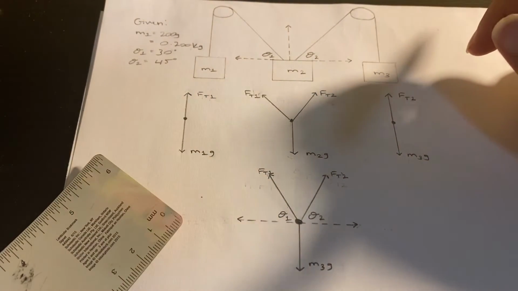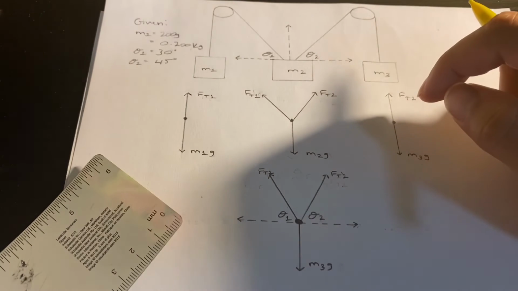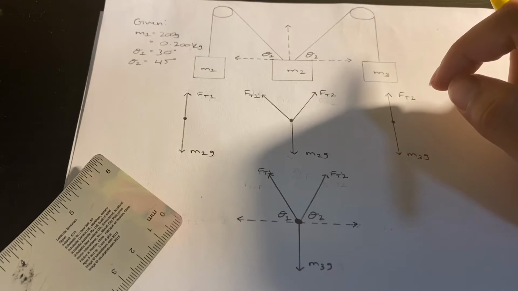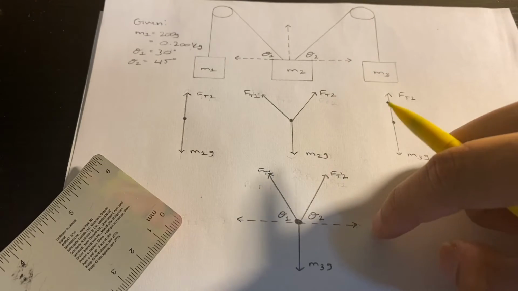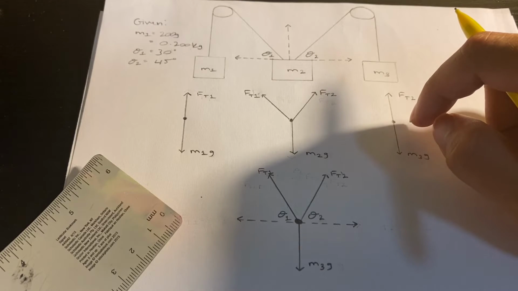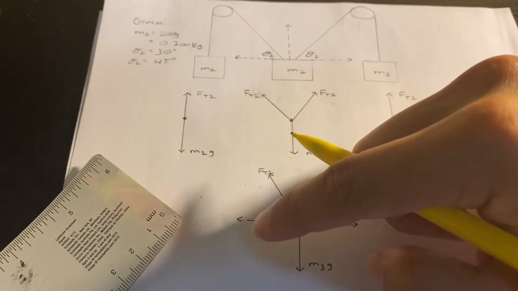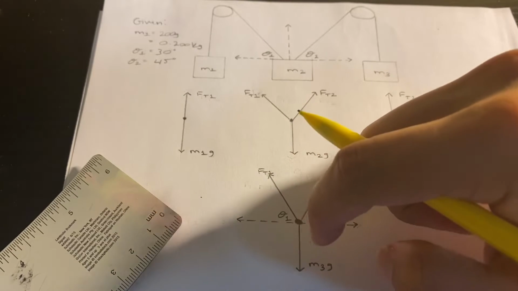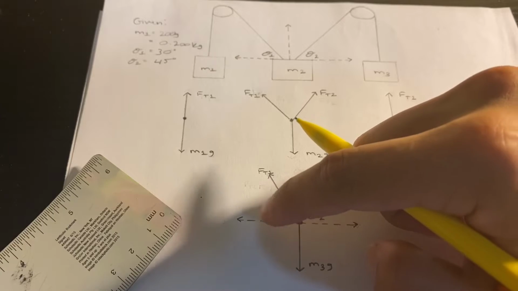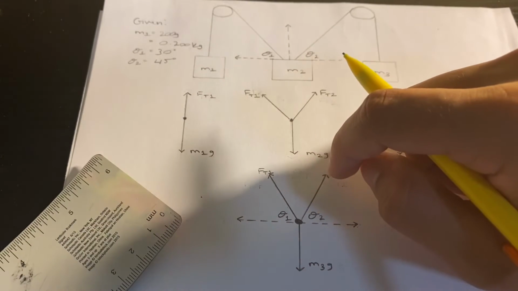All right, and now the way we'll label these components is we'll use the sine and cosine functions. In the case of these x components, we'll be using the cosine function, because if we were to draw the triangle with these forces, the force in the x direction would be the adjacent side of the triangle according to this angle, and the adjacent side is the cosine.